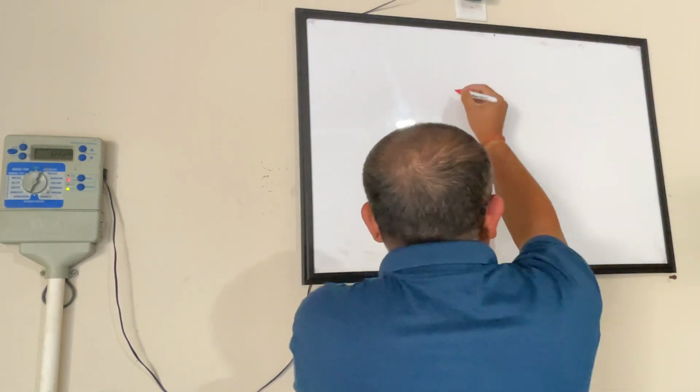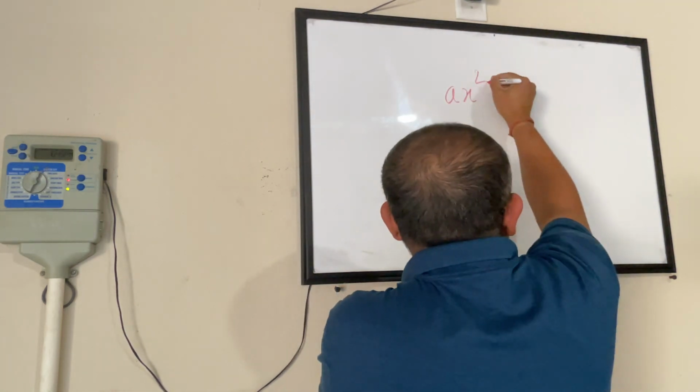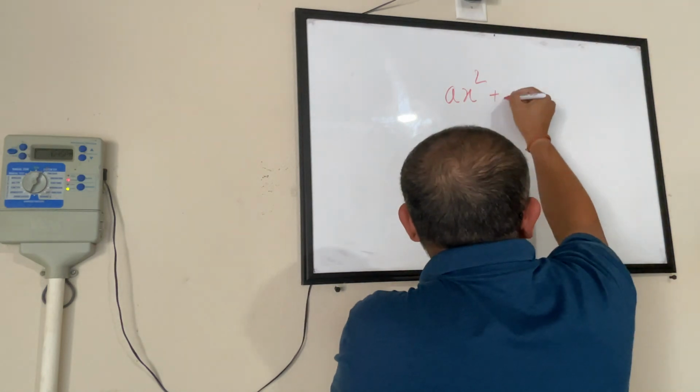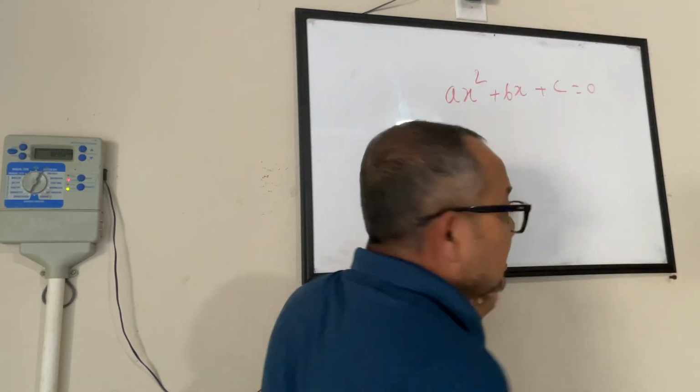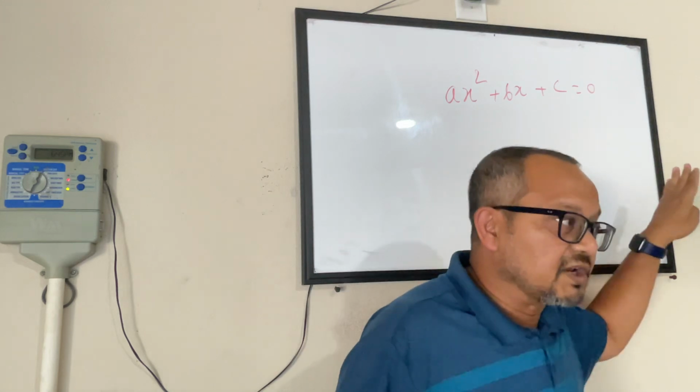Okay, so I will just take maybe a minute or a minute and a half to touch upon those. When we say quadratic equation, we are talking about an equation in the form of this. This is the most standard form of a quadratic equation.